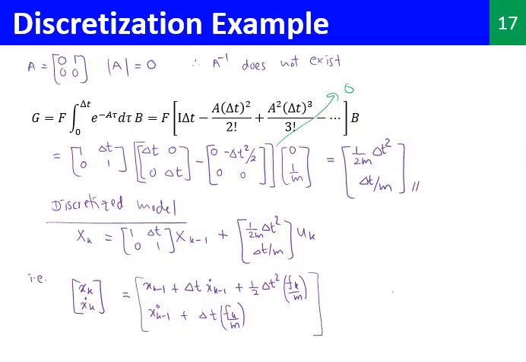So this is a pretty much known equation with constant acceleration, right? And if we consider the second row, we have next velocity is equal to current velocity plus the current acceleration times delta t, right? So that also agrees.